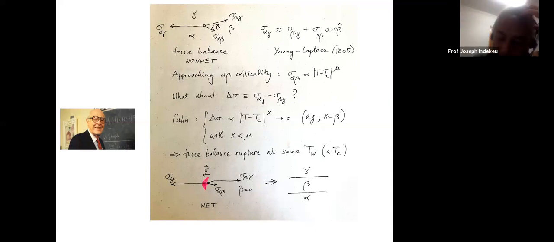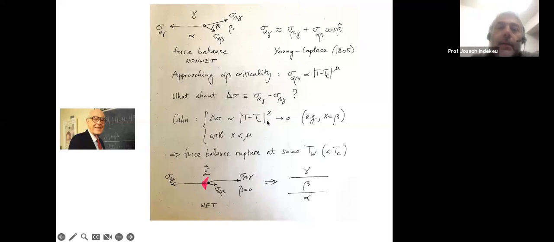So that argument, of course, supposes that there is an exponent here that is less than mu, and of course this supposition is plausible, but there is no proof, or there is also room for exceptions, but it is a very interesting, compelling conjecture, and we will discuss it further.